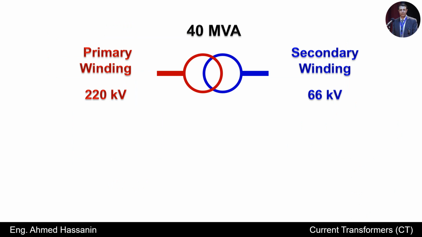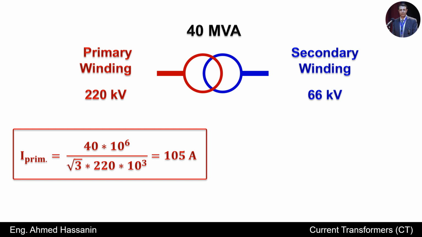If we have a step-down power transformer with a voltage of 220 kilovolts and 66 kilovolts and its power is 40 megavolt amperes. So the voltage on the primary side is 220 kilovolts. The voltage on the secondary side is 66 kilovolts.